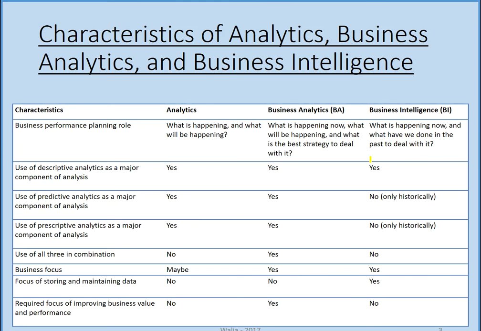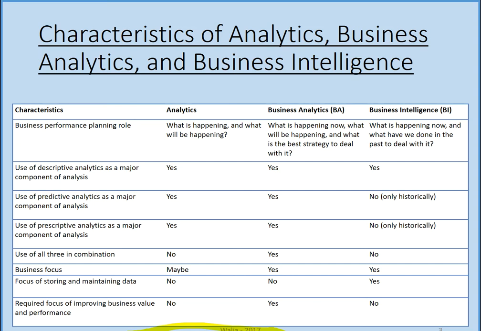There's this book which I really like. It's a new book which has come out pretty recently. It's called Business Analytics: Principles, Concepts, and Applications with SAS, What, Why, and How. I've been reading that book recently, and this table comes from that book.